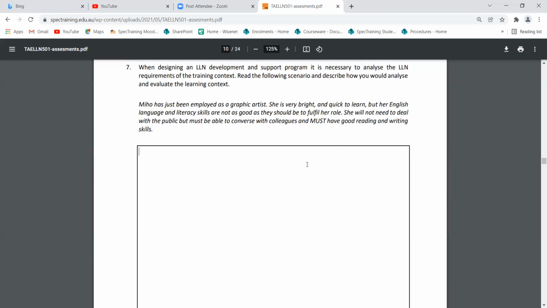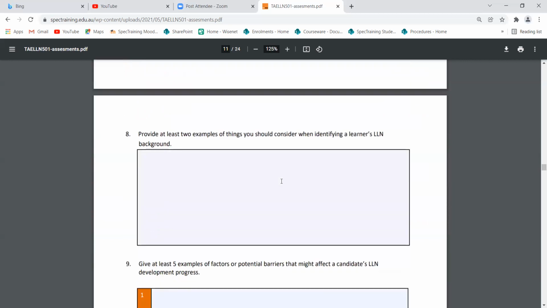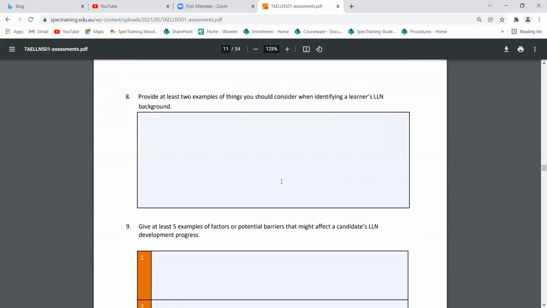You really want to unpack the job role and the requirements that would be on her in terms of the 5 core skills. Now, you don't have to include the 5 core skills, but that's a good baseline and a good way to approach the question.